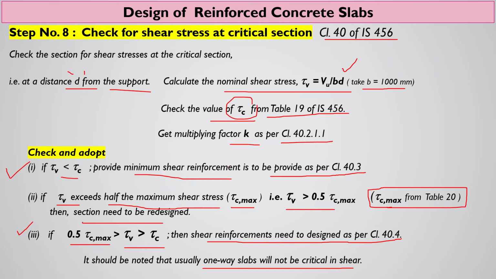As already I have pointed out, in case of one-way slab, generally they are not critical in shear, because when we are using this formula Vu by bd, here b is 1000, which is sufficiently greater. So ultimately tau v value is supposed to be a very small value. So maybe the first check is okay, that minimum shear reinforcement is required.